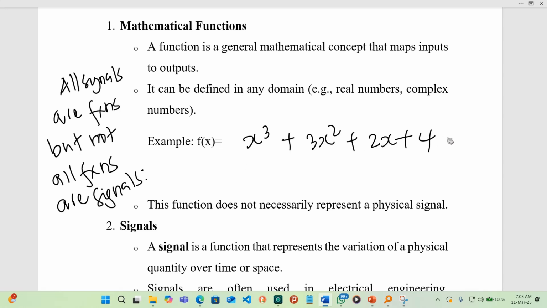As you can see, this one doesn't really represent any physical quantity, but you can see it is mapping inputs to outputs. You have f(x) that is dependent on a value of x. x is the input, f(x) is the output.